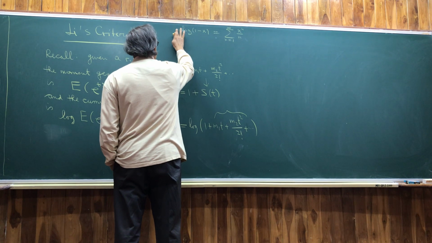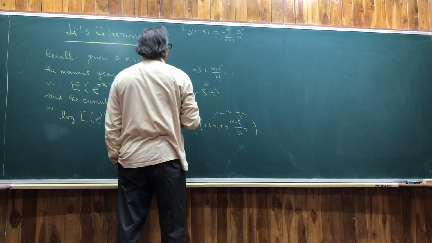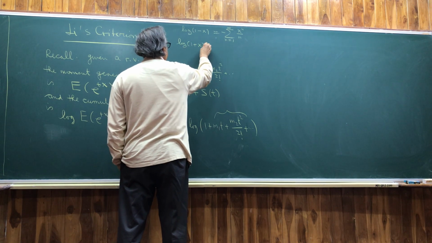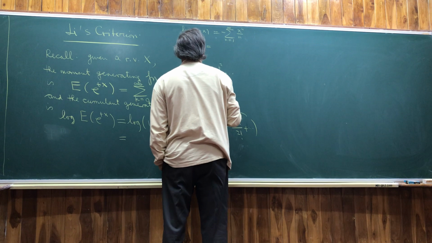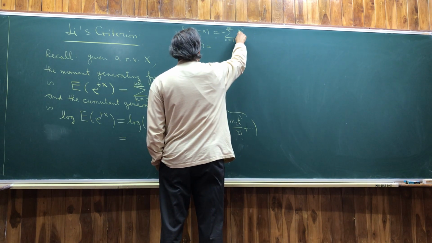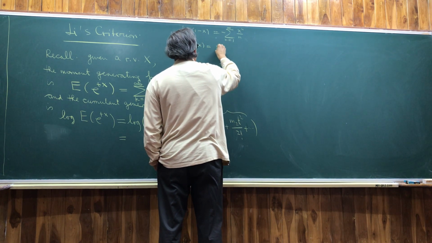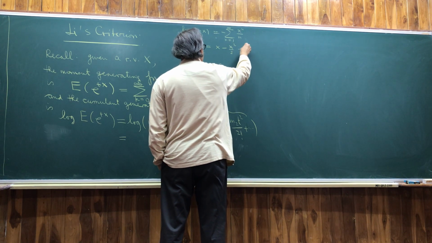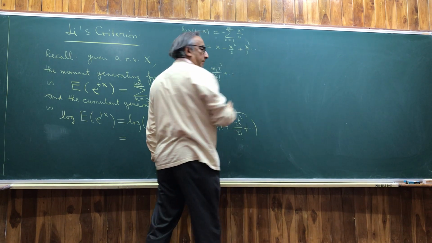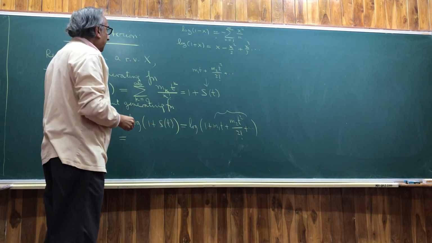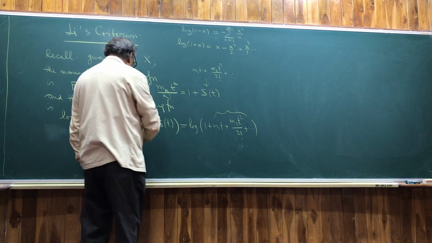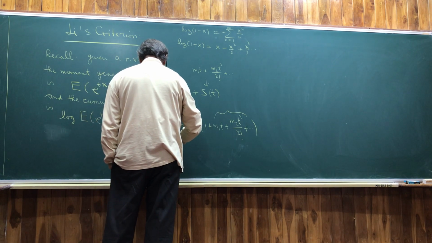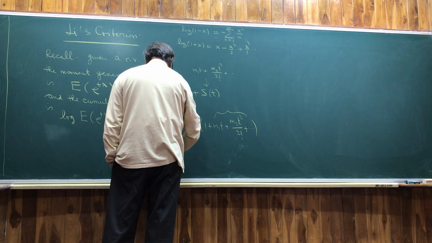Putting minus x there, log of 1 plus x equals x minus x squared over 2 and so on. It's an alternating series. So log of 1 plus s of t will be the alternating series s of t minus s of t squared over 2, dot, dot, dot.